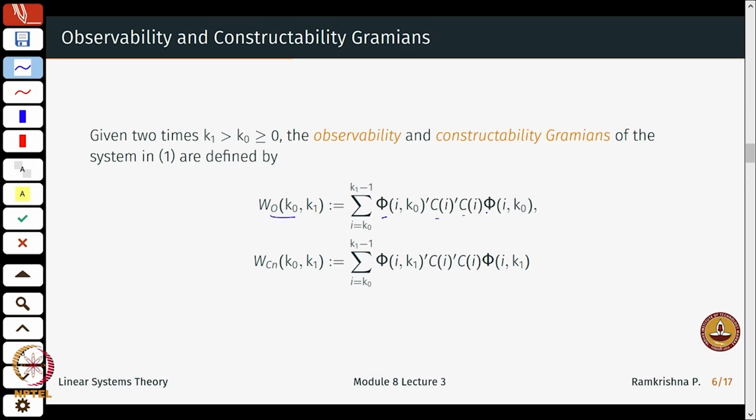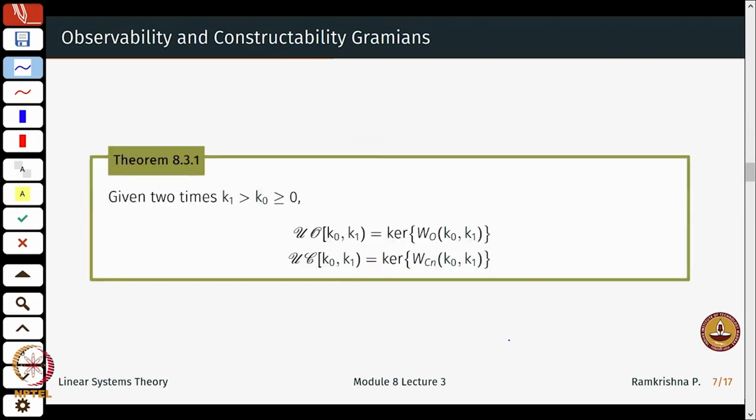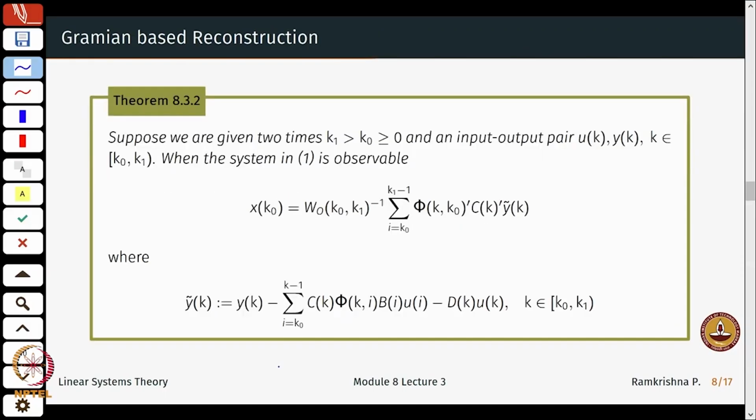Again very similar to what we had seen earlier, and the results also translate beautifully here: given any 2 times, the unobservable space is just the kernel of the observability Gramian, and similarly the unconstructible space is just the kernel of the unconstructible Gramian.